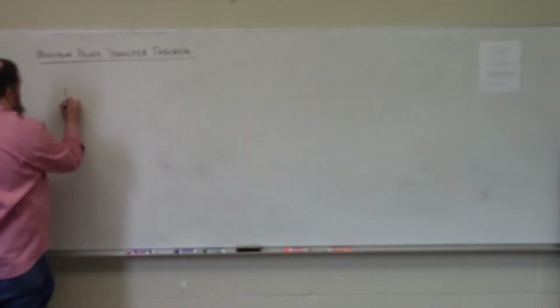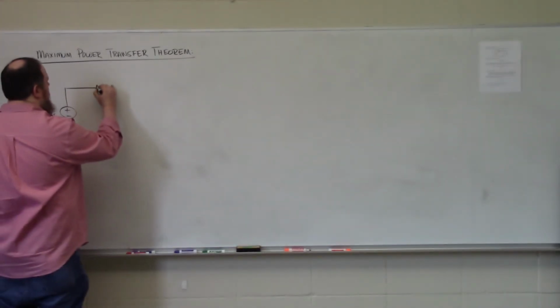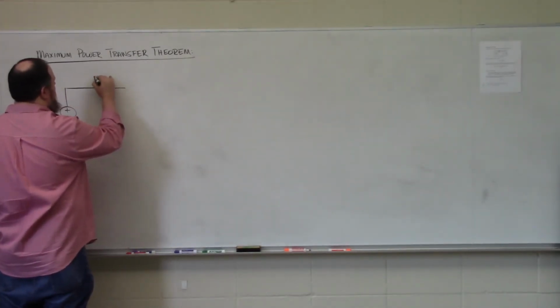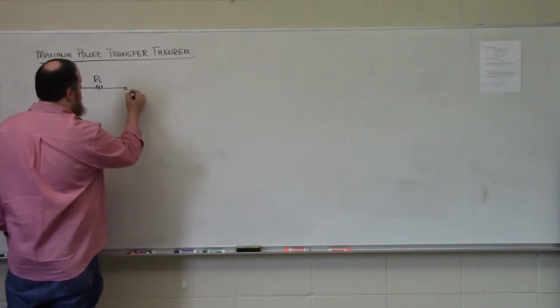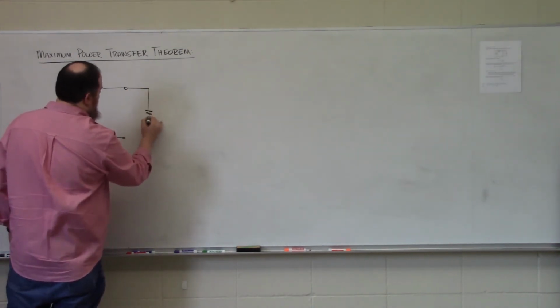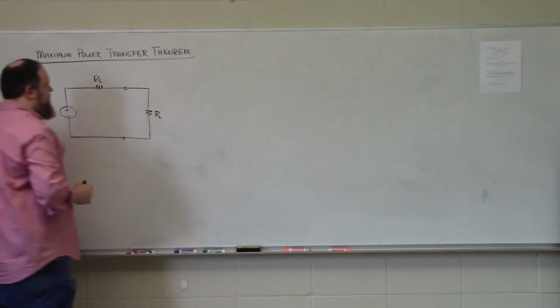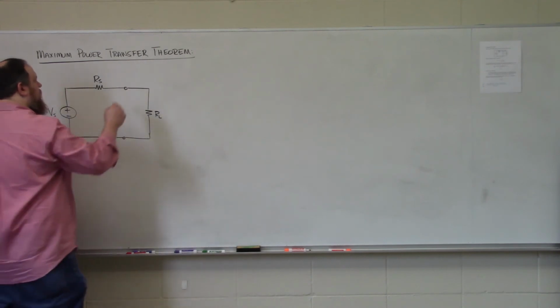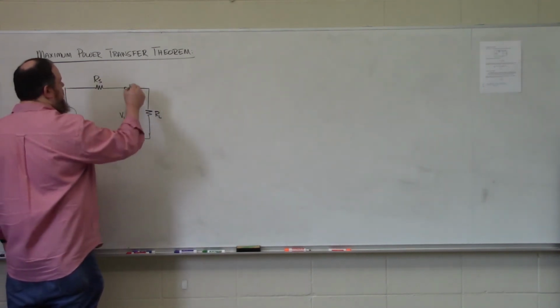So let's say that we have a practical voltage source, Vs, in series with some resistance Rs, and our practical voltage source is loaded by some load resistance RL. The voltage drop over the load will be VL.